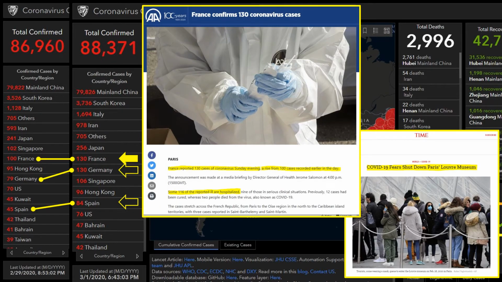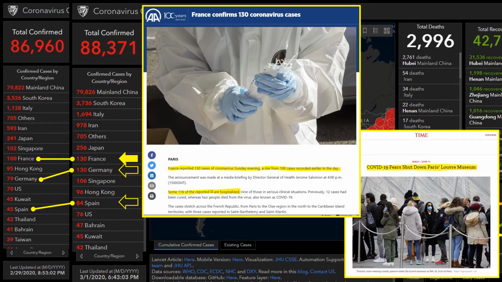Then what do we have? We have some other countries that are popping up in numbers. France going from 100 to 130, Germany from 79 to 130, and Spain from 45 to 84. So we'll take a look at these. France isn't saying much about where their people are coming from, but a lot of these French infections came from visiting Italy. That was announced a couple days ago, and we have to assume that it's still that way.